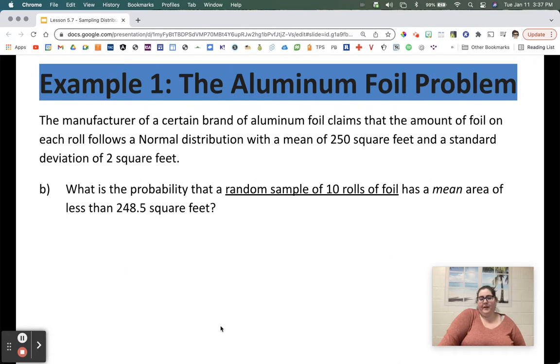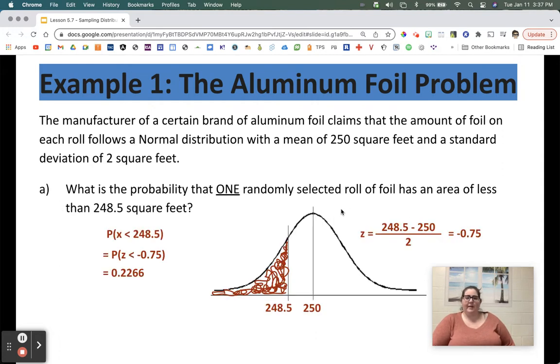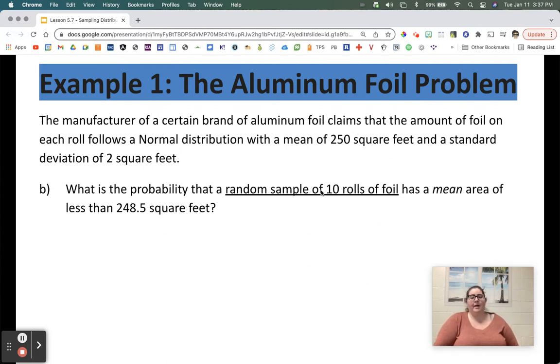Where it would be different is if I said, what's the probability that a random sample of 10 rolls of foil has a mean area? So the difference between that last question and this one is that part A was just talking about one single roll, and this one's talking about a sample mean for a sample of size 10. That's where there's a difference between just an original population distribution and a sampling distribution.